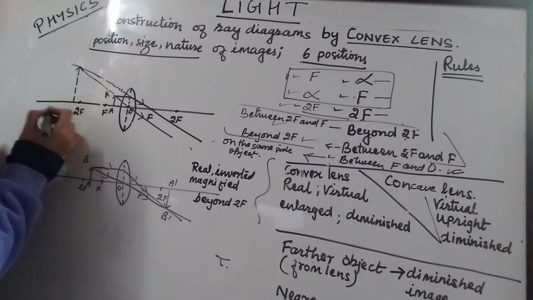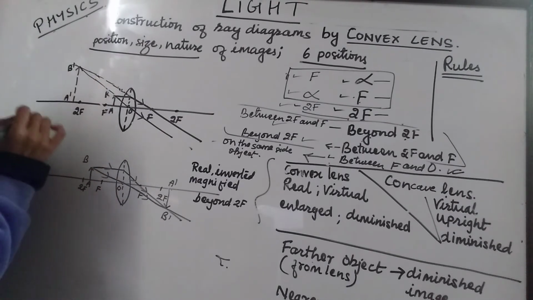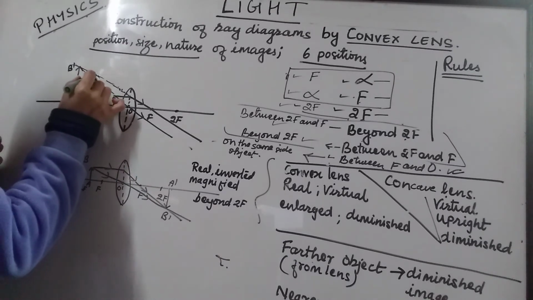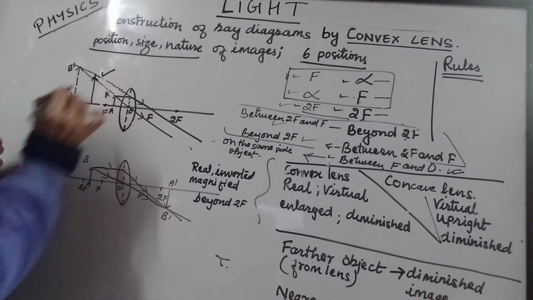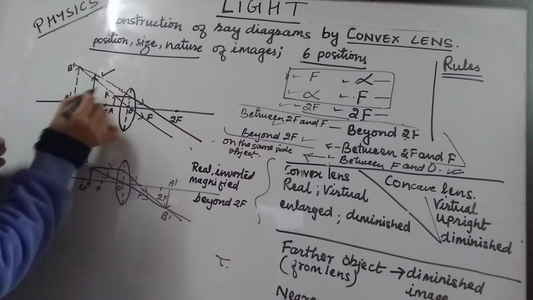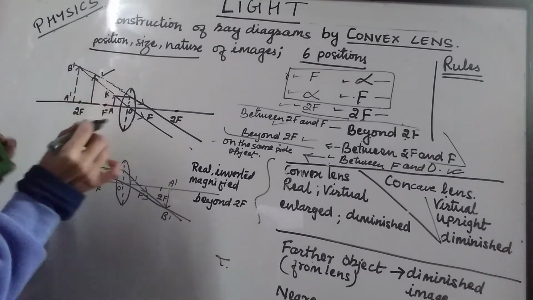This is A dash and B dash, this is the image. If your 2 lines get caught at another point, then this is also correct, this is not a mistake. Wherever it gets caught, at that point the image will be formed.